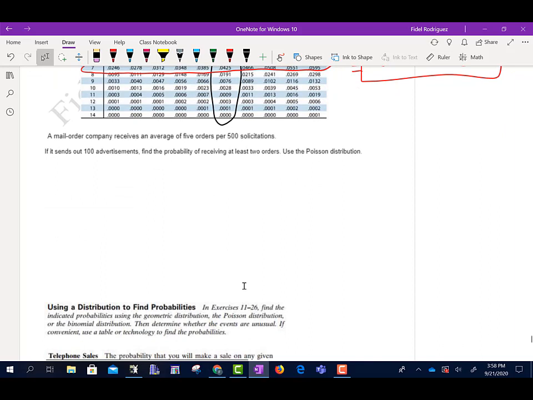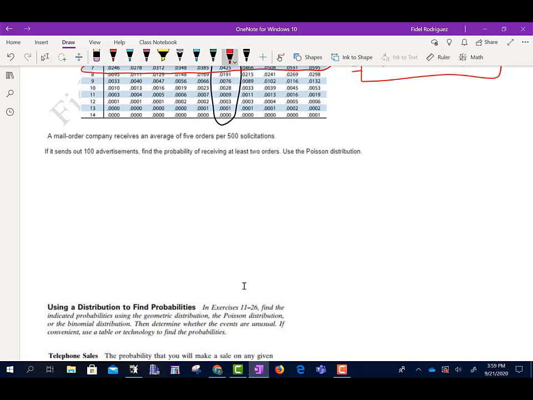Alrighty. Taking a look at the next problem here. It says, a mail order company receives an average of 5 orders per 500 solicitations. Okay, if it sends out 100 advertisements, find the probability of receiving at least 2 orders. It says use the Poisson distribution.